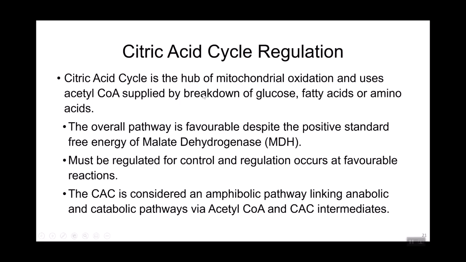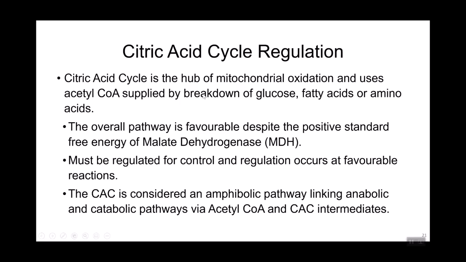Under cellular conditions, there are 3 steps that are highly favorable, and these are going to be the regulated steps, slowing down the citric acid cycle when we have enough energy. And this will allow the acetyl-CoA to instead be used in fat synthesis or allow for the use of other citric acid cycle intermediates in other anabolic pathways. We can also produce some other of the non-essential amino acids from citric acid cycle intermediates.